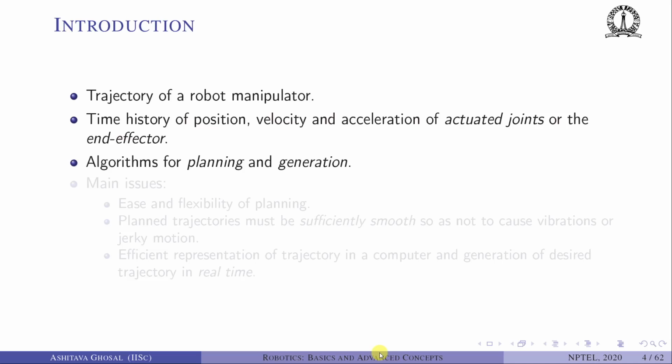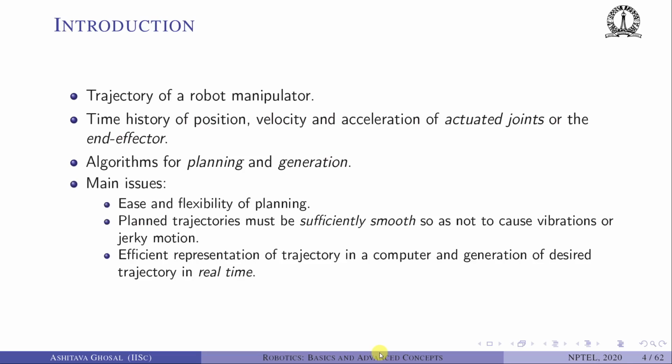So what do we need? We need to develop algorithms for planning and generation of this trajectory. The main issues in motion planning are that there should be ease and flexibility in planning. It should also be that the trajectories being planned are sufficiently smooth so as not to cause vibration or jerky motion.